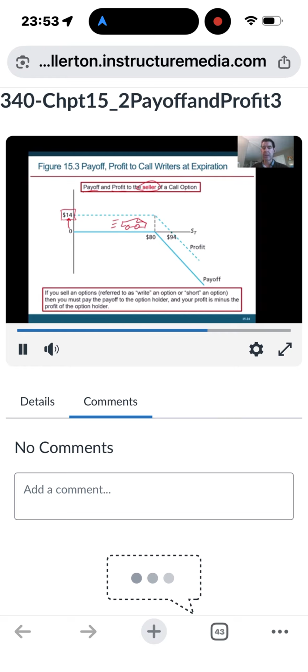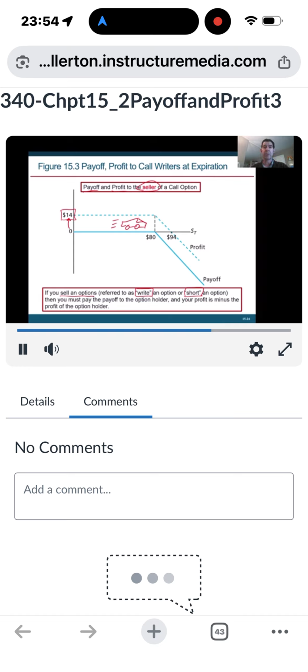A couple of things to note about this, okay? So one is just terminology. If you sell an option, then that's referred to as writing an option or being short an option. Why is it called writing an option? An option is actually a contract. There are two sides to that contract. And so if you buy an option from somebody, that other side, the person who sold you the option, it's as if they pulled out a piece of paper and wrote down, okay, I'm giving you the option to buy at this strike price before this date.